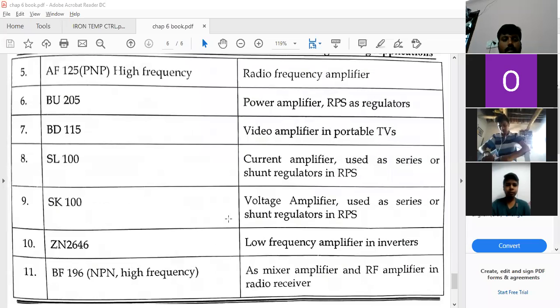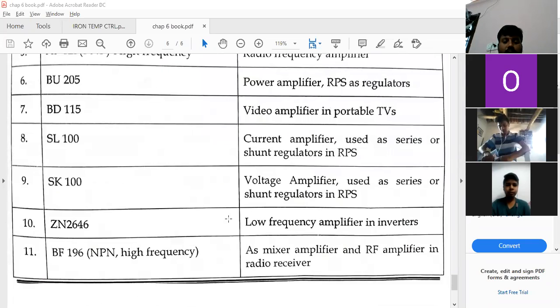And ZN2646 is a low frequency amplifier in inverters. Nowadays all people are using inverters in their homes. The purpose of an inverter is to get an uninterrupted power supply during power failures.